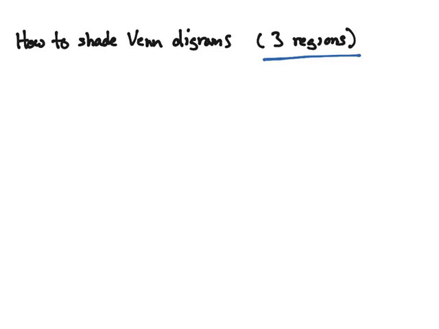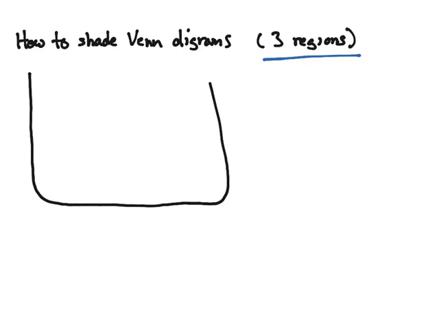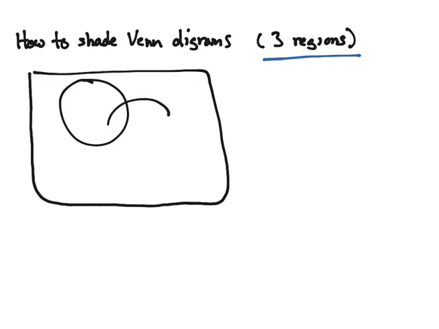Okay. So we're going to have 3 regions. We'll call that A. We'll call that region B, and we'll call that region C. And I want you to shade in this.